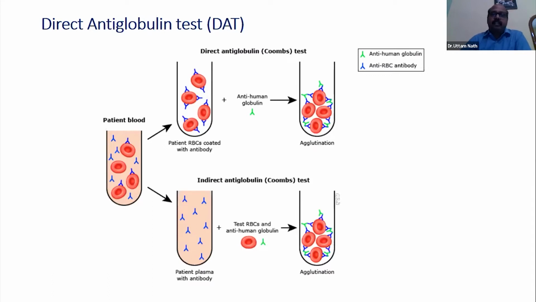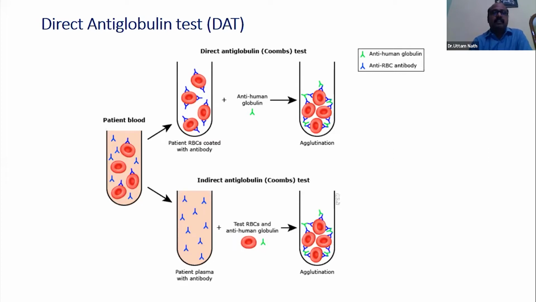That is usually positive in almost 95% of cases of AIHA, and in the rest 5% of cases, the DAT is usually negative because of the presence of some non-IgG antibodies, or because of antibodies which bind with low affinity or in lower numbers. All these things are causes of negative DAT.